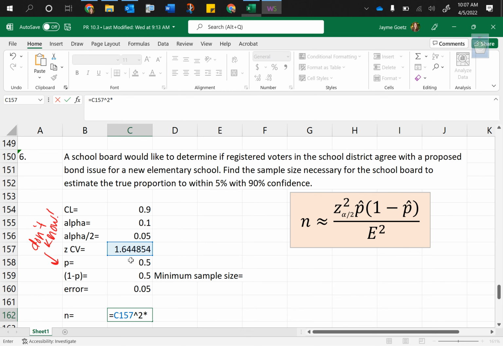Z squared times p times 1 minus p divided by this squared.